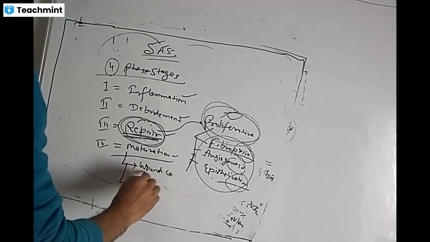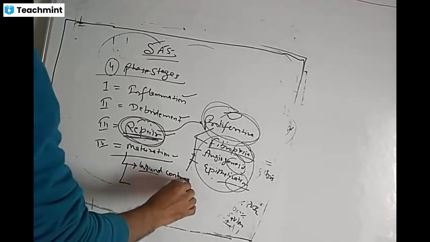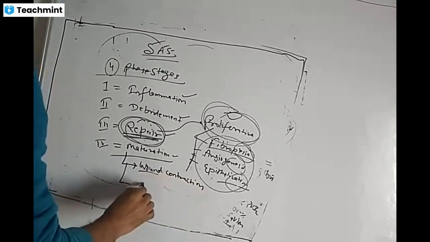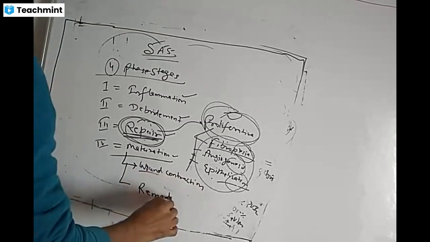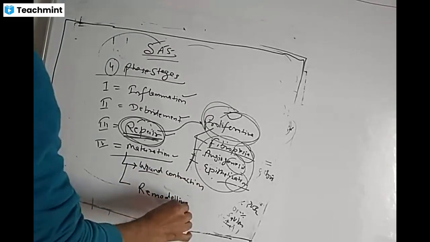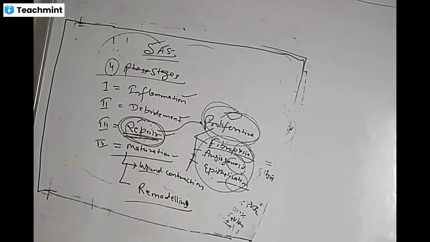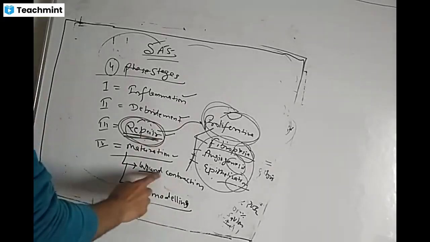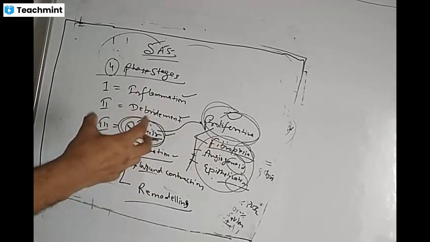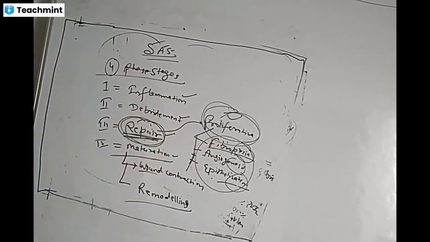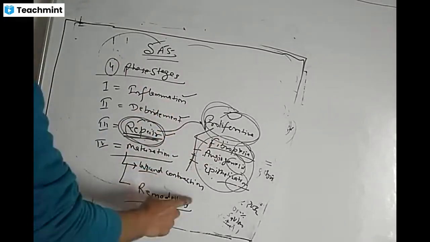First, they say wound contraction, and second, they say remodeling. In wound contraction, the contraction is with the help of myofibroblast cells, and then there is remodeling.